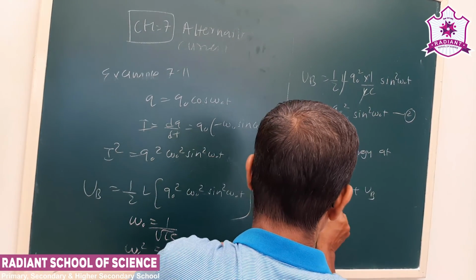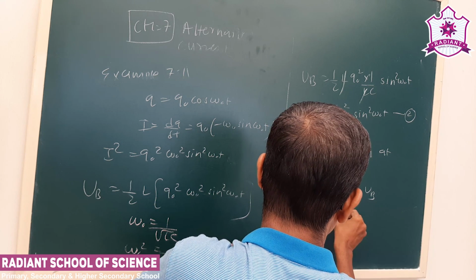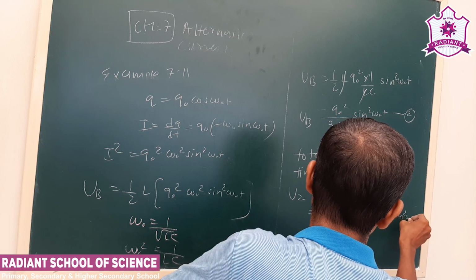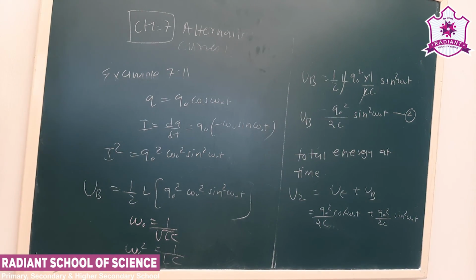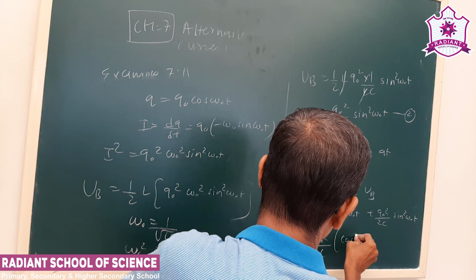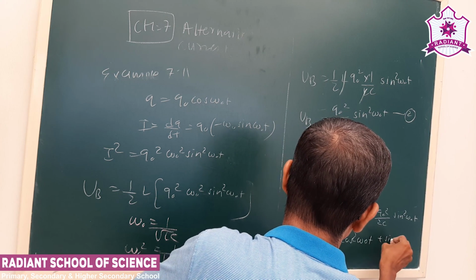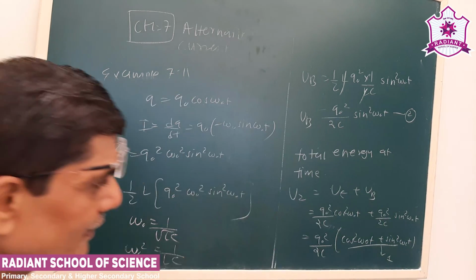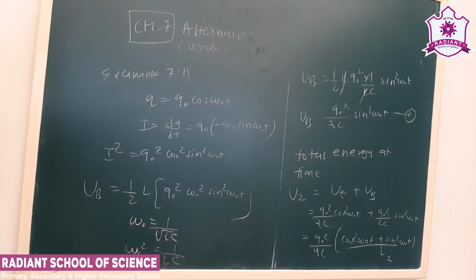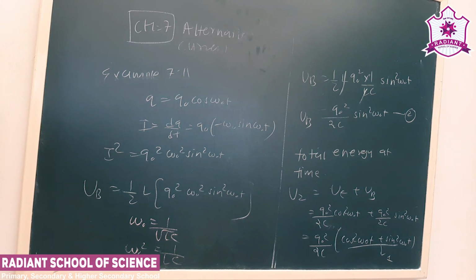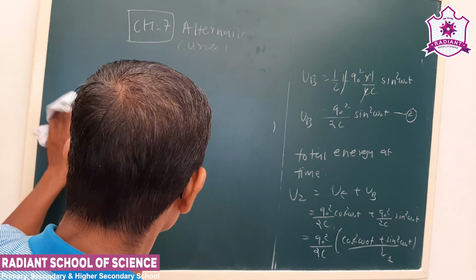So we can write Q0 square upon 2C cos square omega 0 t plus the magnetic part. Now what can we take common here? Q0 square upon 2C. Then cos square omega 0 t plus sine square omega 0 t. Now this is a trigonometric identity: cos square theta plus sin square theta is 1. In the same way, cos square omega 0 t plus sin square omega 0 t is 1. So that is the total energy at any time t that we have calculated.